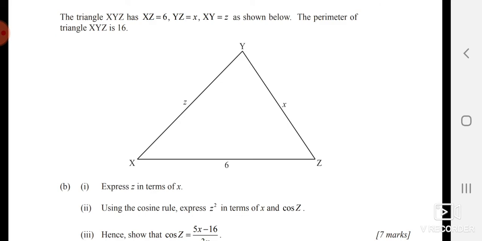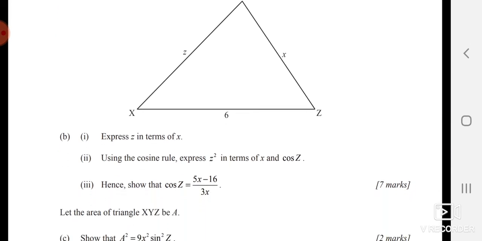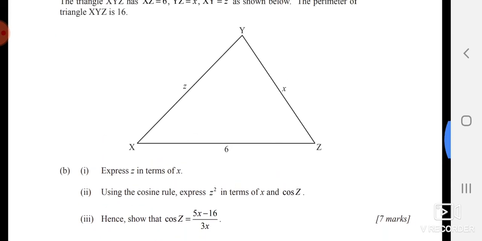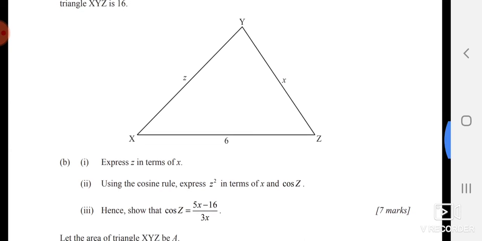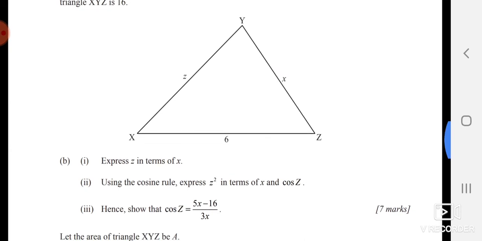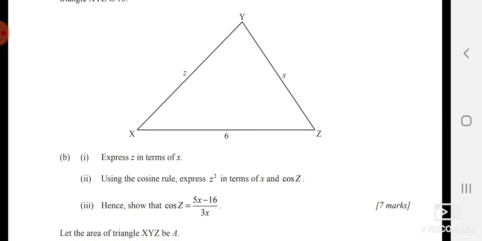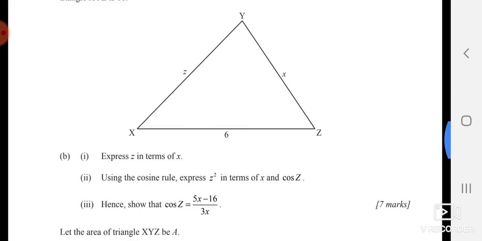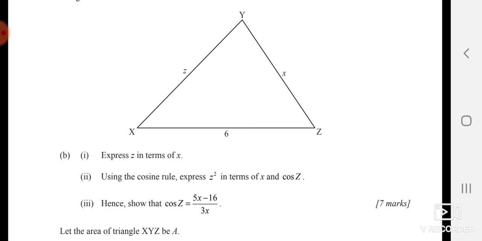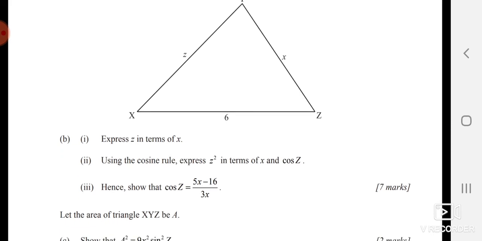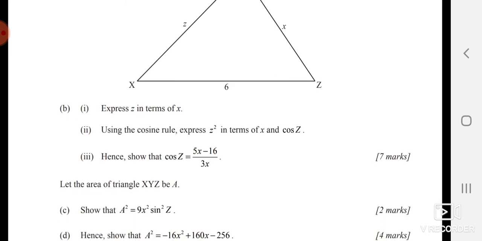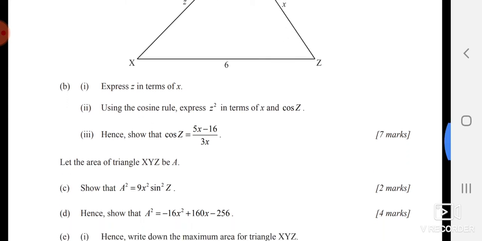Okay, so now using the cosine rule, z square is equal to 6 square plus x square minus 2 times 6 times x cos z. This is the cosine rule, and further by simplification you will get the result, and the final answer would be cos z is equal to (5x minus 16) over 3x, my dear.